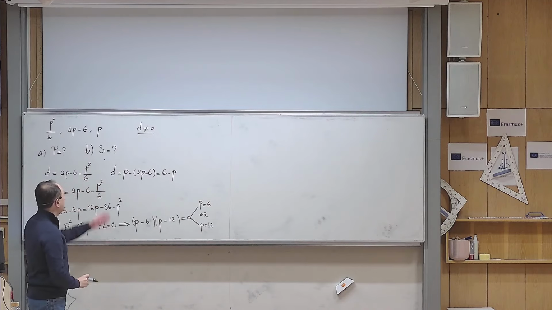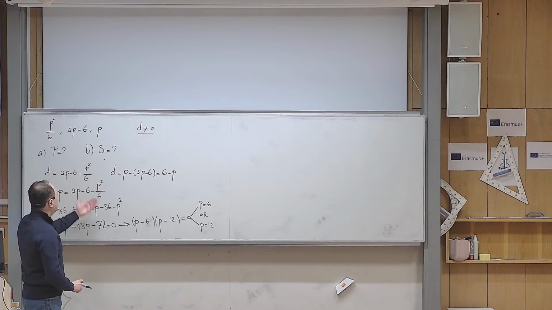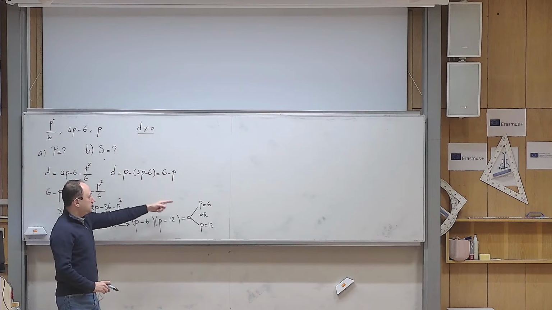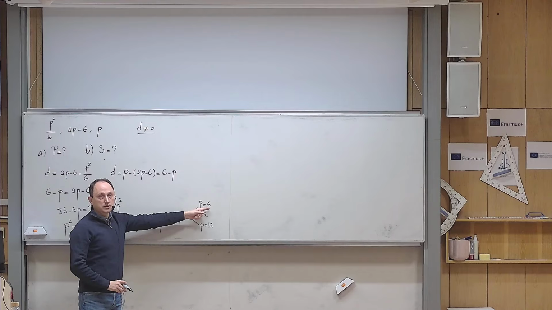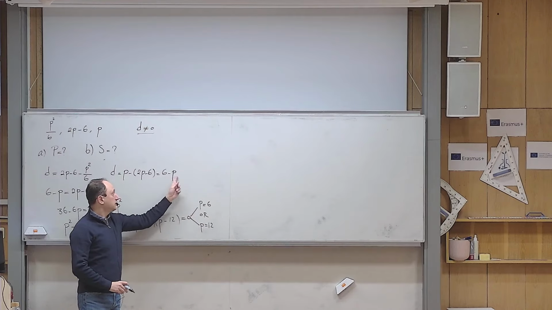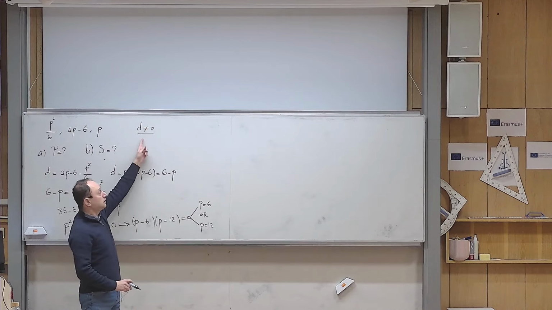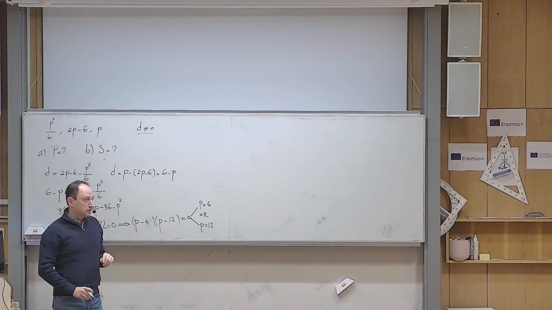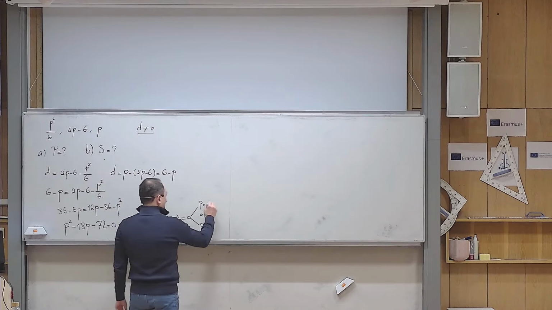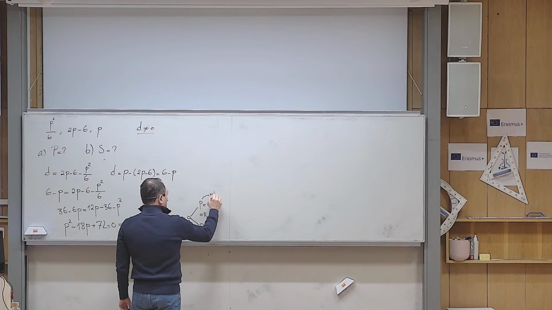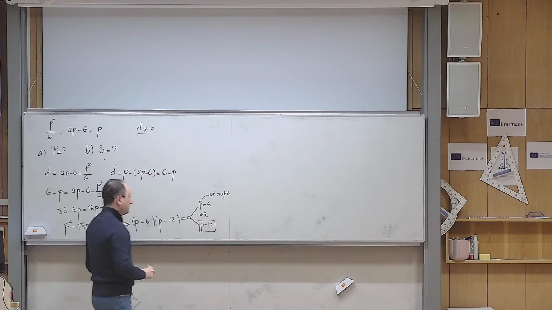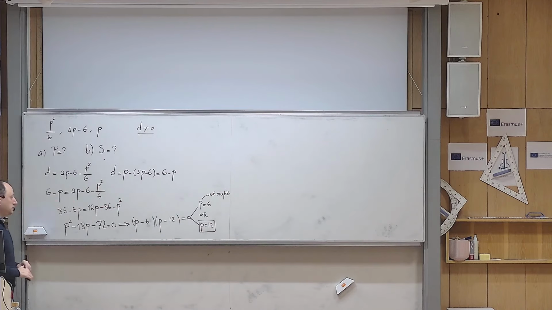If I ask you what d is, you immediately realize that p equals 6 is not acceptable, because if p is 6 and I put it here, d becomes 0, in violation of my assumption. So this is not acceptable. That is the only answer that we have. So as we wanted, p is equal to 12.